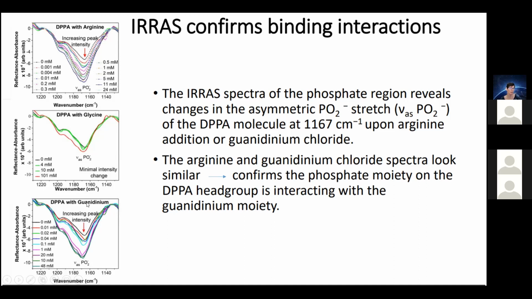We get a very similar result with the guanidinium to that of the arginine. So clearly these three graphs are telling us that it's the guanidinium end that is interacting. We get an increase in transition moment strength upon binding of the phosphate. Now remember, there's no phosphate in solution. This is just phosphate at the surface, spread from a film.